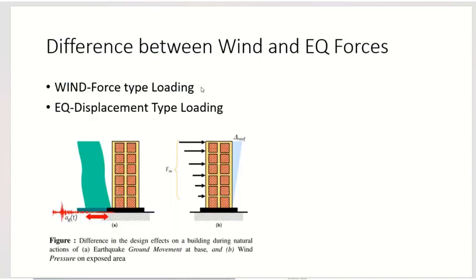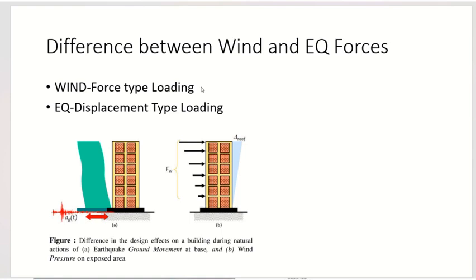Now friends, when you see the difference between wind and earthquake forces: wind forces are force type loading, the load acting on the surface of any structure, because you need a surface for wind loads to act. Whereas earthquake loads are called displacement type loading, because once the earthquake waves travel through the ground and hit any structure on their way, the structure will try to stand against those waves with its inertial force.